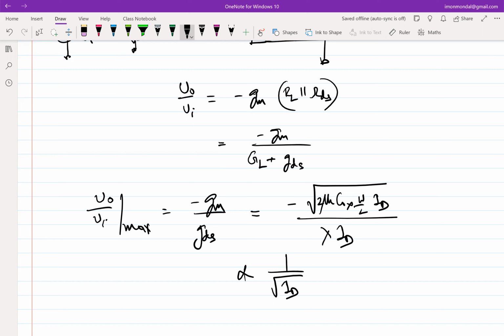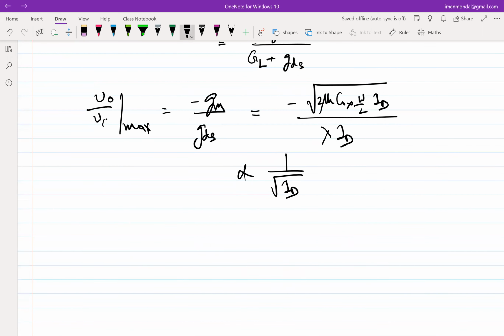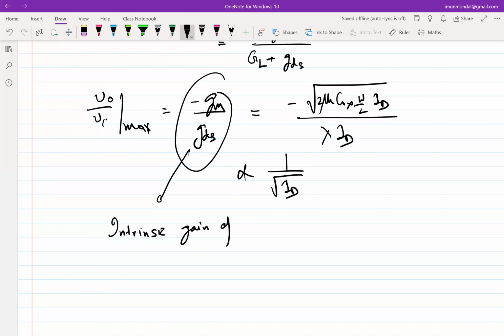So this term GM over GDS is called the intrinsic gain of the transistor. Today's course has more jargon than usual, but this is something that you'll have to deal with. Essentially, ideally, you would like to have this intrinsic gain of the transistor go to infinity.